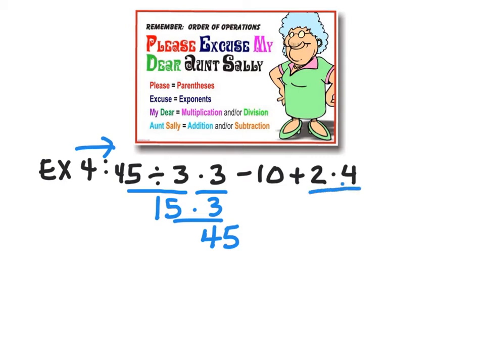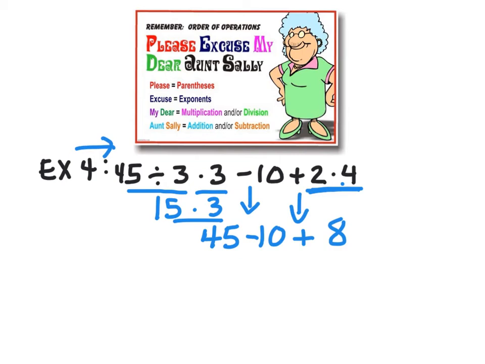All right, the multiplication would be done before the addition and subtraction. So 2 times 4, that equals 8. Now let's bring down the operations we haven't done yet. So minus 10 plus. Okay, so this is going to be 45 minus 10 plus 8 to this point.